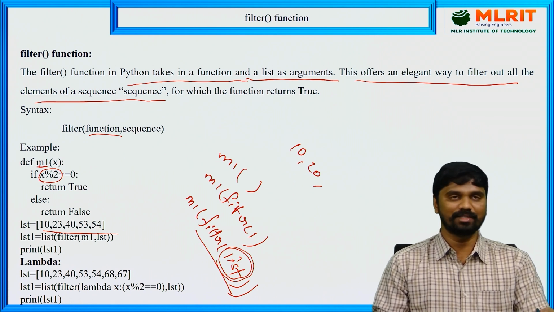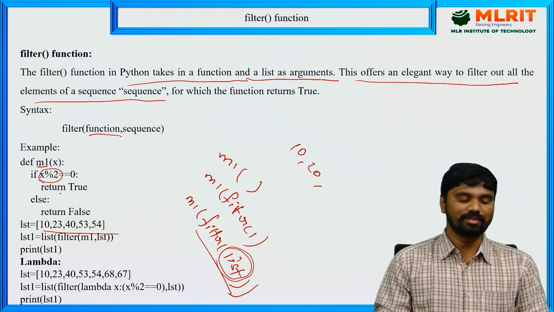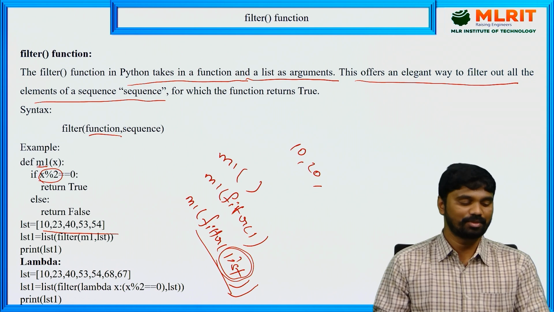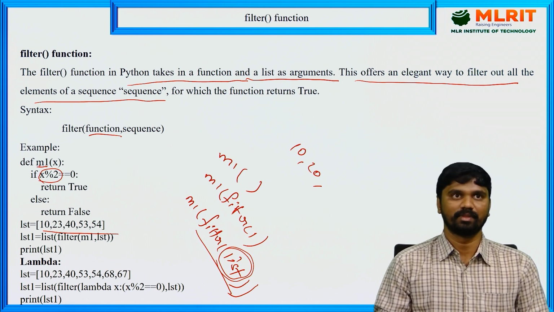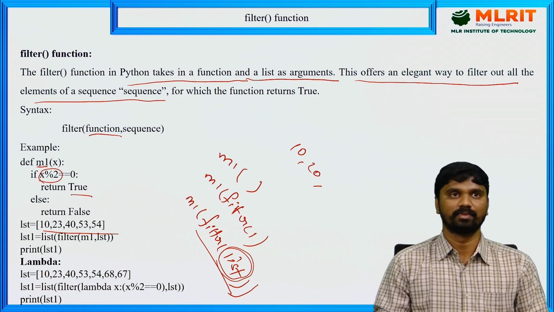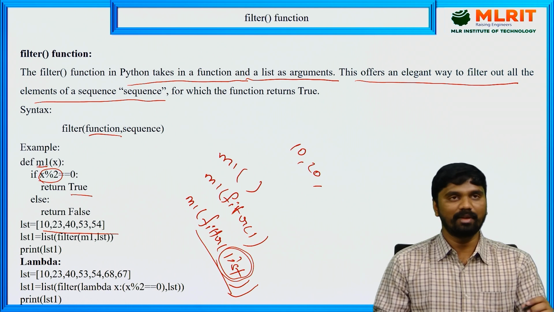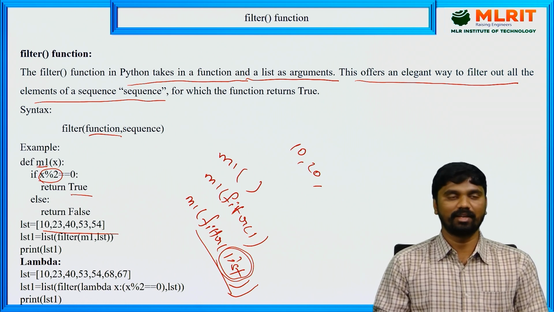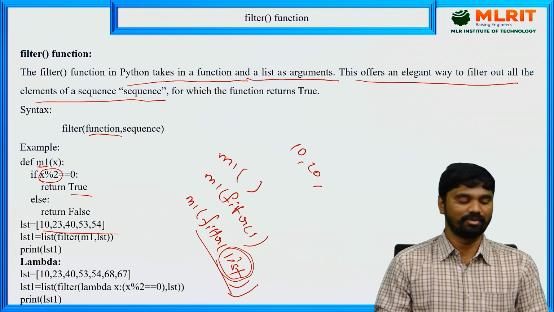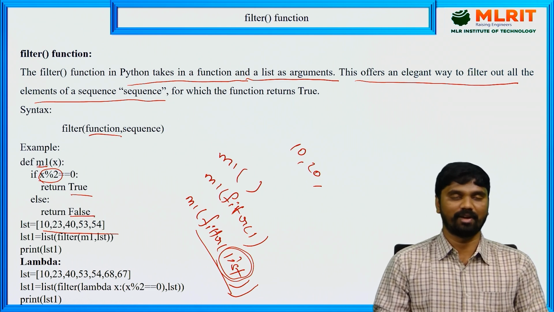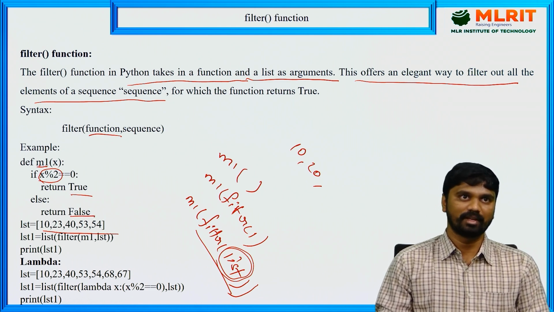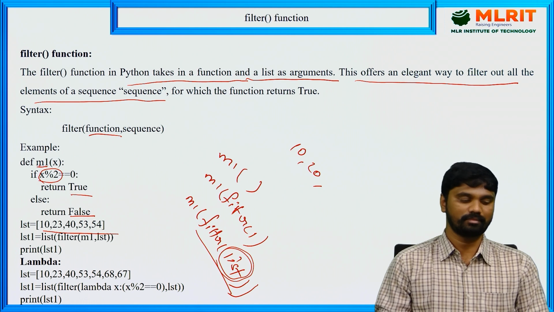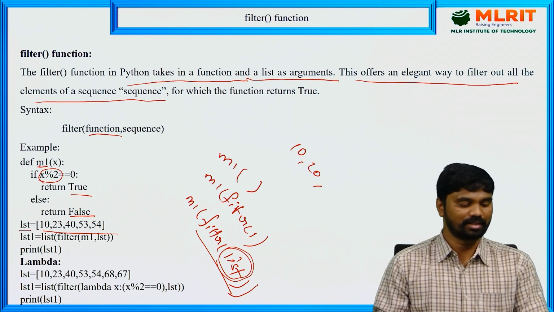Whenever a number is divided by 2 and the remainder is 0, it is an even number, so the function returns true. If the remainder is a non-zero value, it returns false.